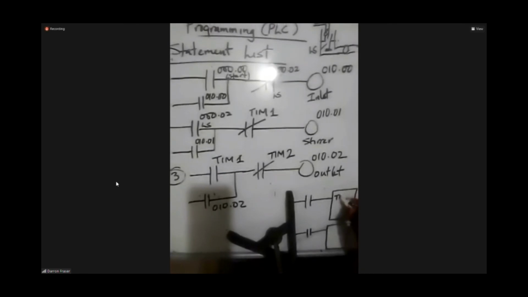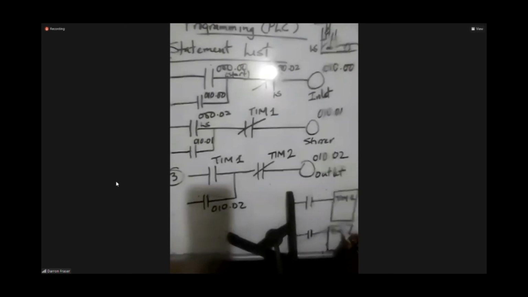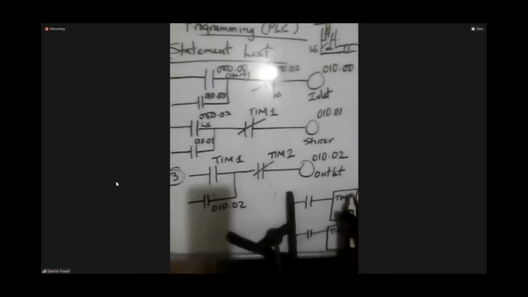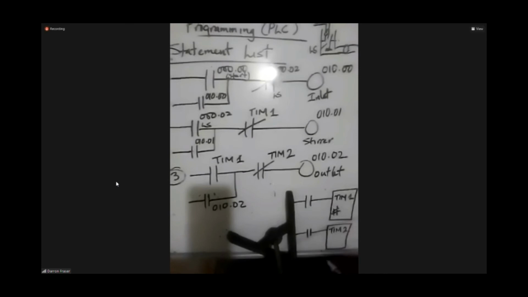Timer number 1 and timer number 2. So timer number 1, timer number 2. We have to say how long timer number 1 is going to time for. Now here's the thing. Timer number 1 is going to time for 10 seconds.